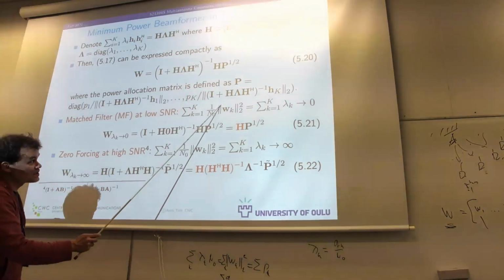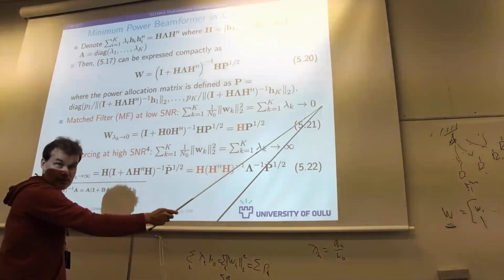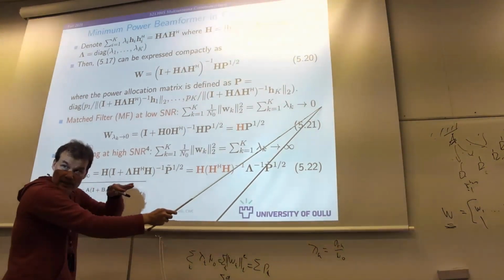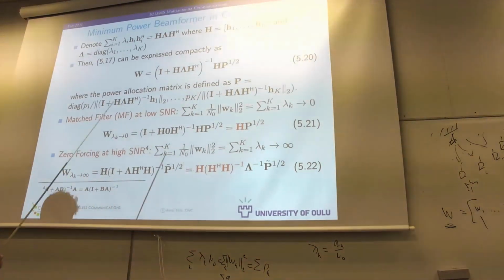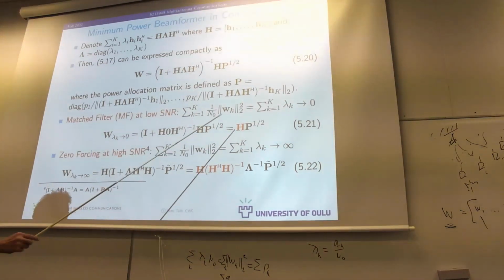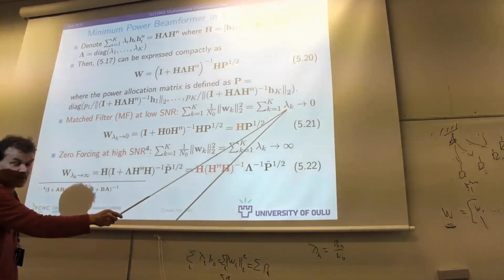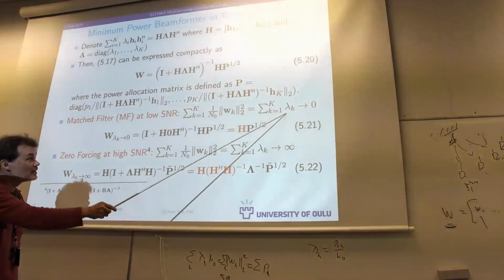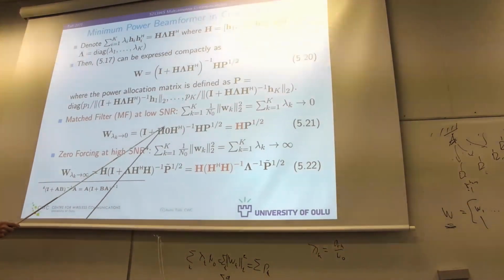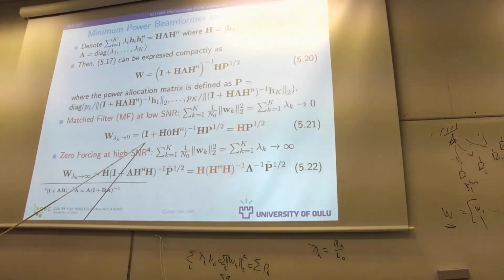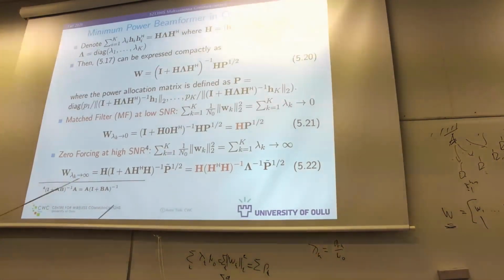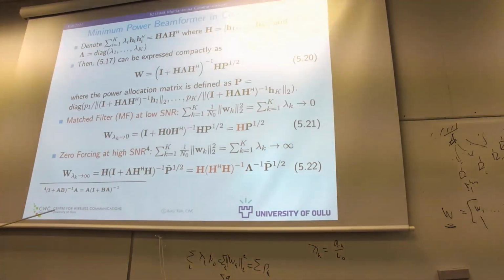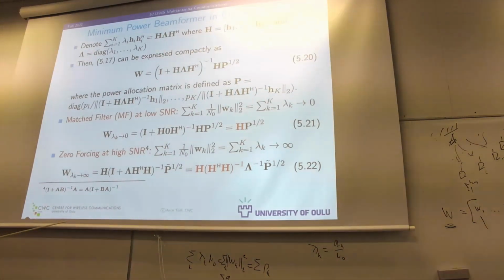Now this total transmit SNR goes to 0. That's the asymptotic result when the SNR is very low, meaning that also the lambdas go to 0. When we plug in 0 lambdas here, this term cancels out, and we have just identity. So we have the match filter left. Again, the match filter is optimal at low SNR, just like in the uplink.